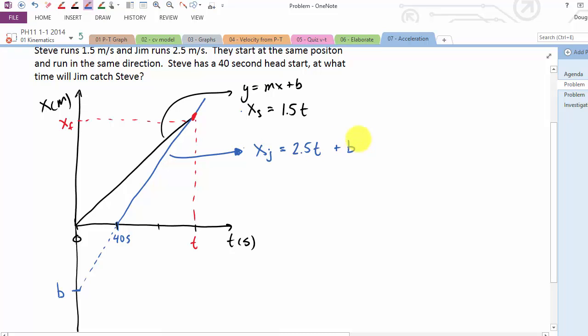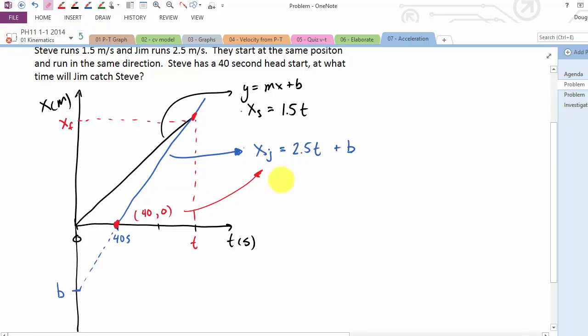This equation has one unknown, which is the y-intercept. We can figure this out by plugging in a known point. We actually know this point, the only point we know for sure. The coordinates of that point are 40, 0.